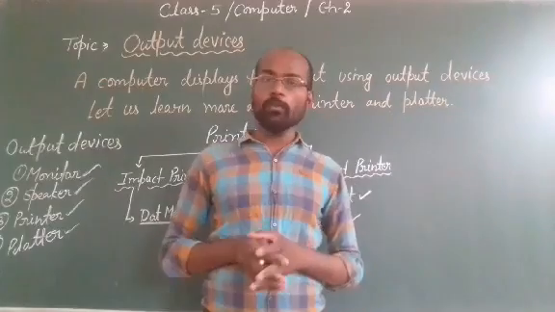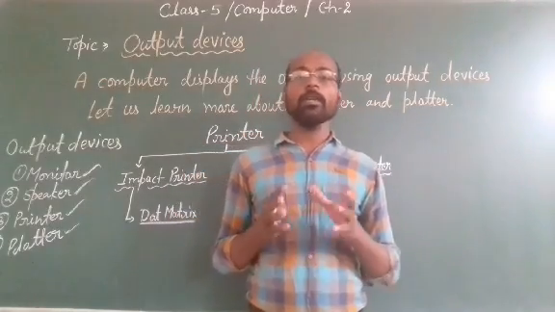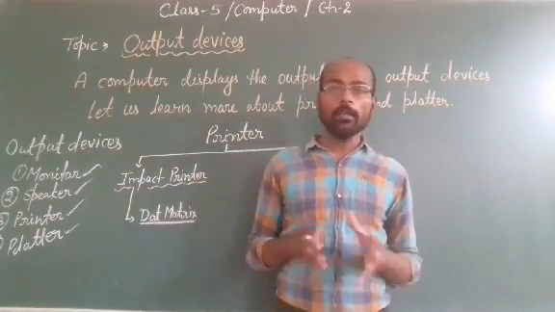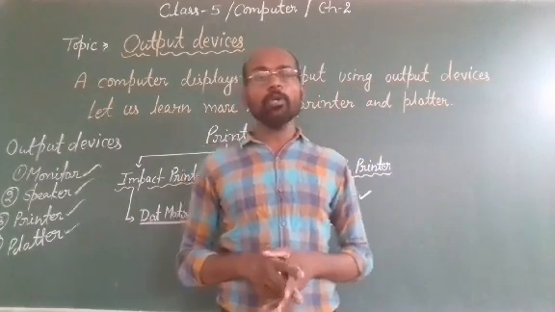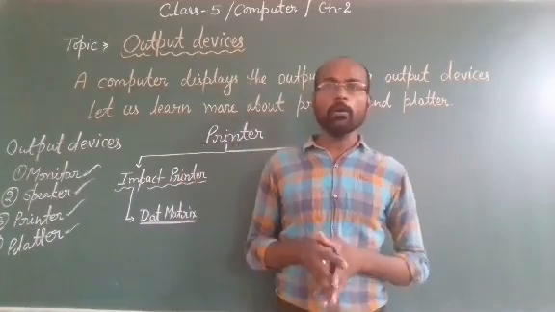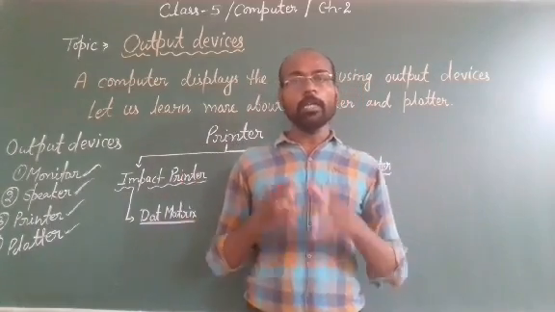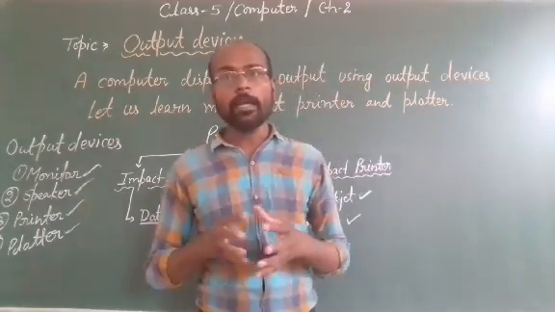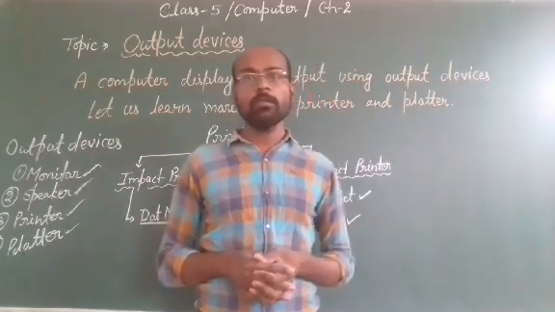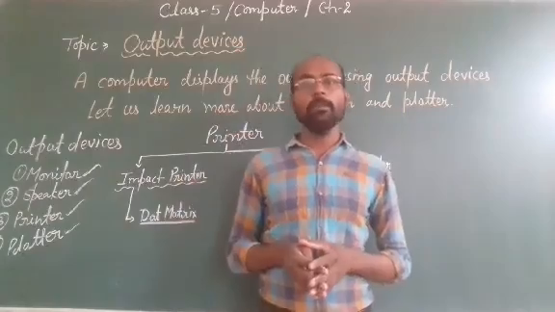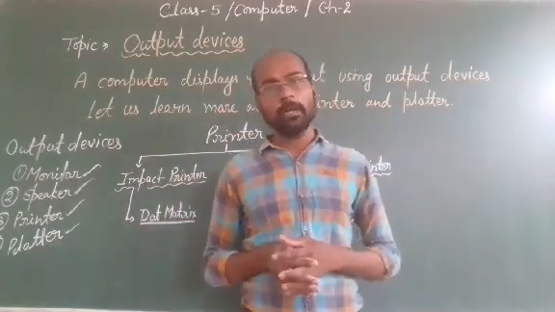It uses dry ink to print and produces high quality output. It produces black and white as well as colored output. A laser printer can print up to 10 pages per minute.